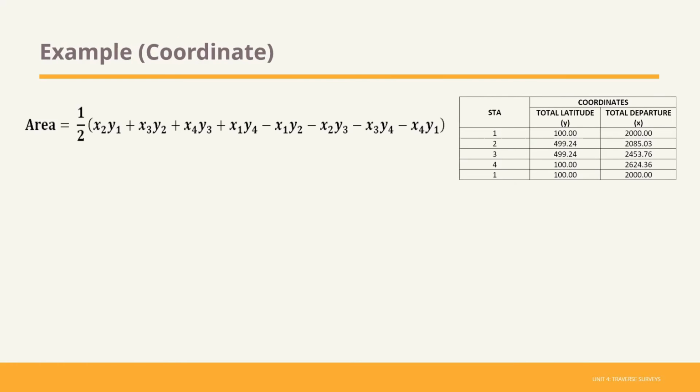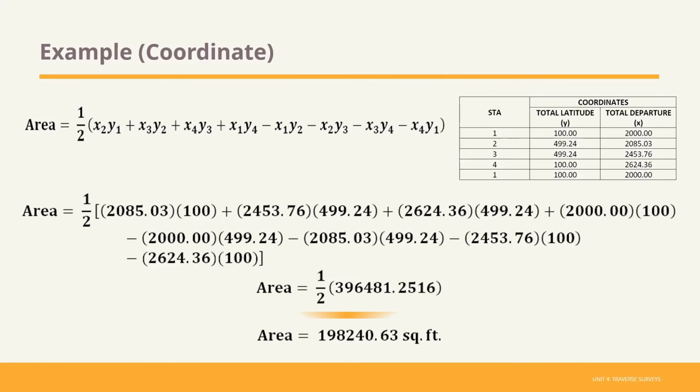And now we'll have to substitute all the given values in the formula. So x sub 2 means the x value at the second station, which is 2085.03, multiplied by y sub 1, or the total latitude at station 1, which is 100, added to the product of x sub 3 and y sub 2, which means x sub 3, the total departure at the third station, and y sub 2, the total latitude at the second station, plus so on and so on.